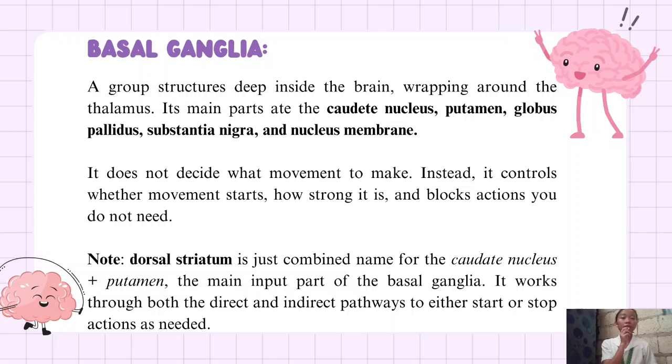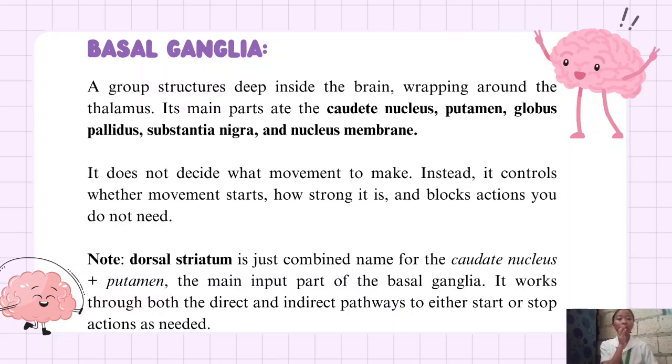So since the globus pallidus is like part of the indirect pathway, it stops your unnecessary movements. Like in the example of getting a cup of coffee, when you grab it, your other hand is at rest.